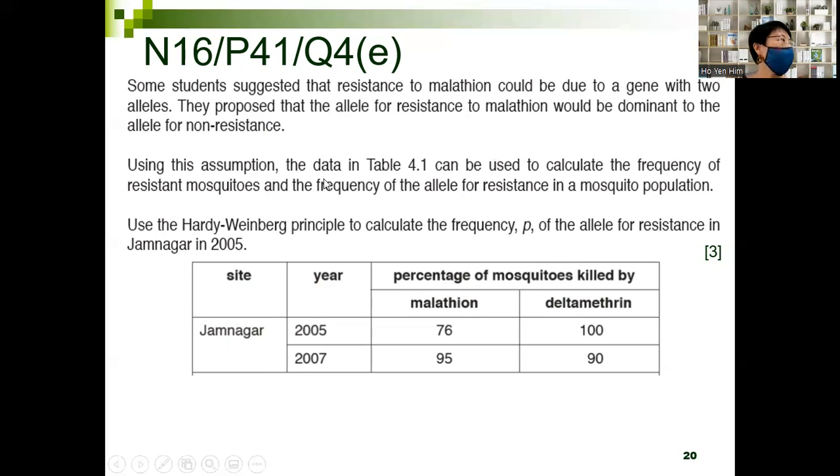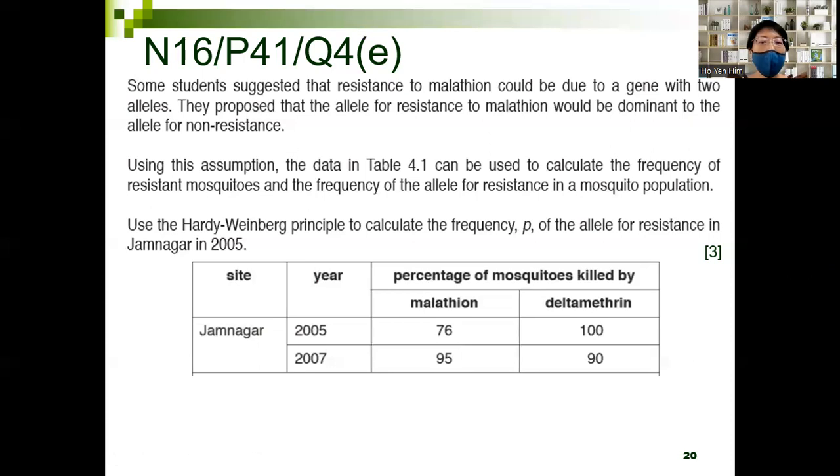Whoever is resistant to malathion is homozygous dominant or heterozygous. What does the question ask the student? Use the Hardy-Weinberg principle to calculate the frequency P, that means the dominant allele for resistance in Jamnagar in 2005. So look for the data, 2005 is here. The percentage of mosquitoes killed by malathion is 76%.